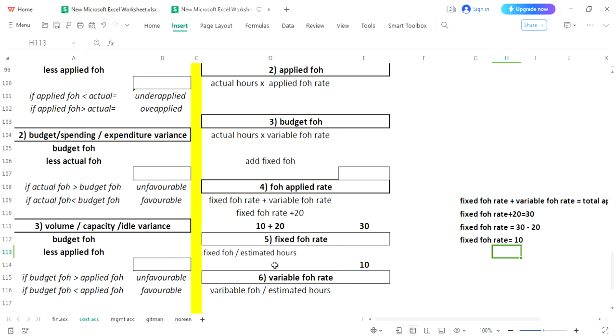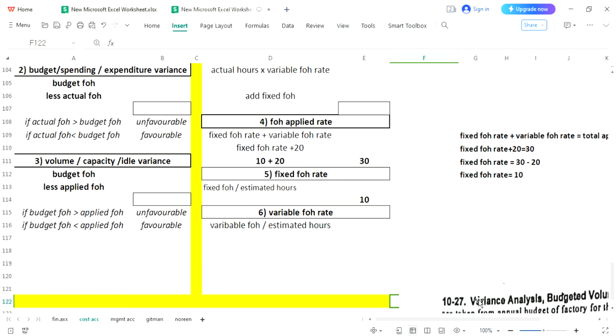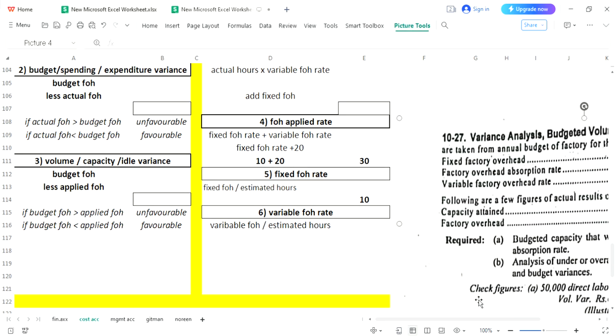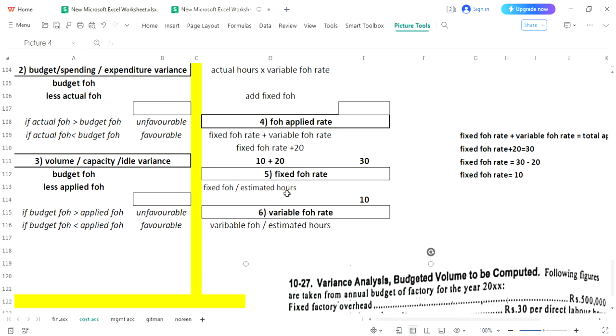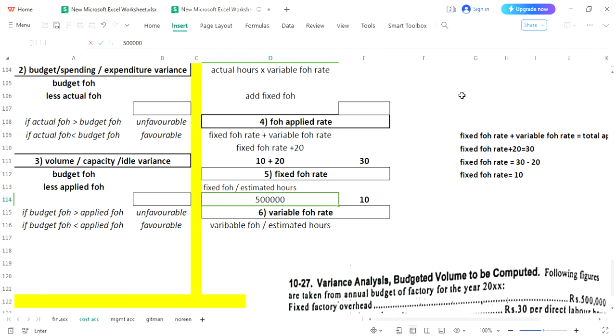What you can write over here is your fixed FH was given in your question. First element which was given, fixed FH 5 lakh rupees. So you can put over here 5 lakh, and it was meant to be divided by estimated hours, and estimated hours are unknown. Just take this statement.